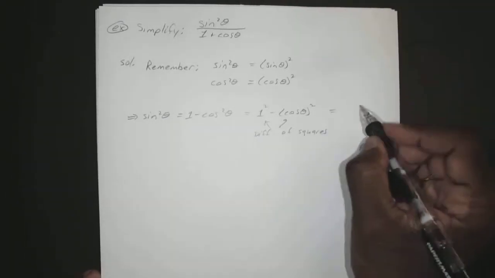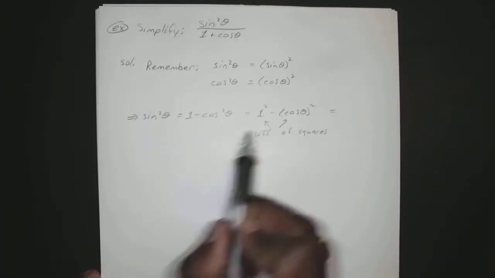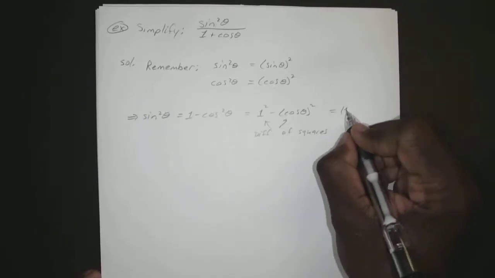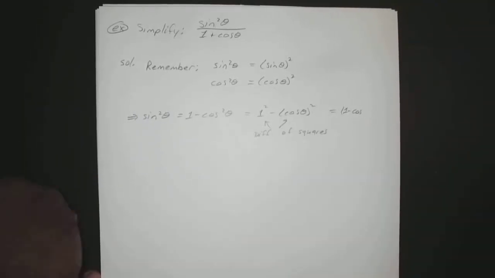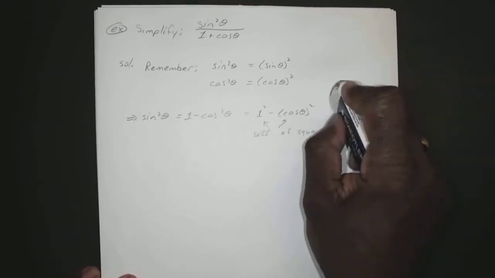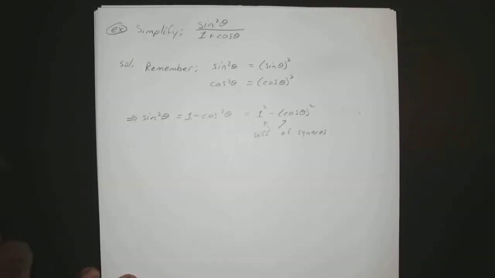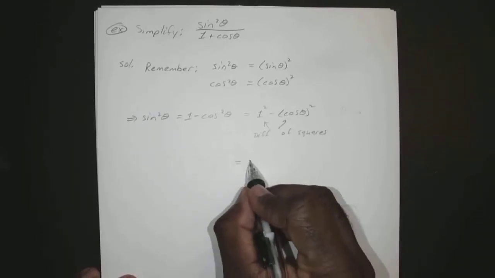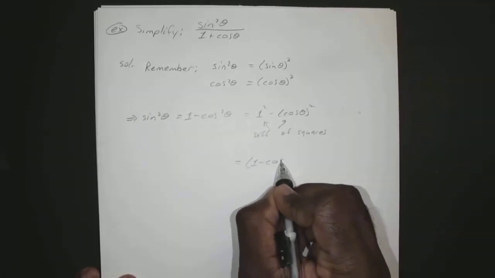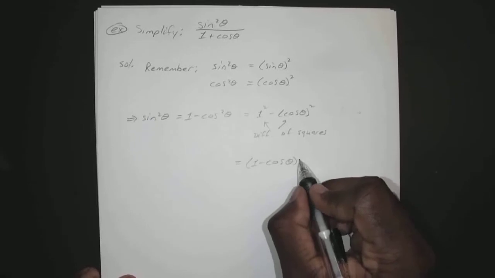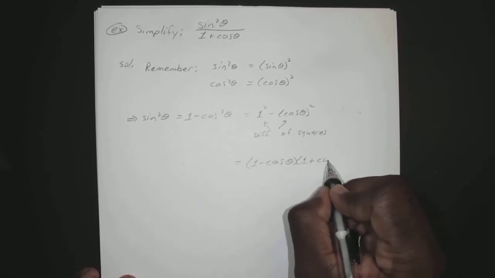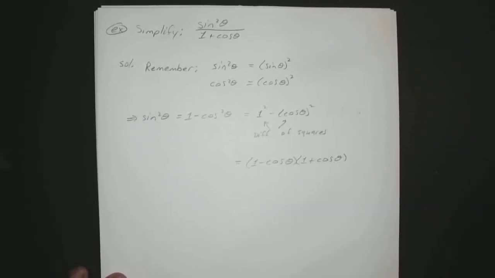Okay. So that equals 1 minus cosine and 1 plus cosine. Let me move that underneath it, since I'm running out of space there. So that equals 1 minus cosine of theta times 1 plus cosine of theta.